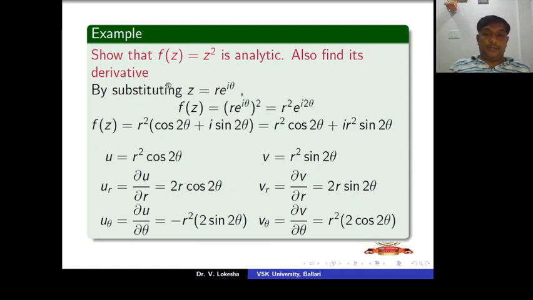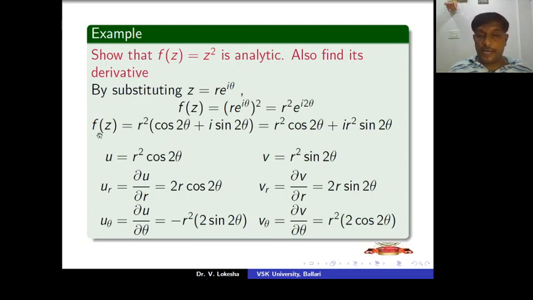Now we will show the same in polar form. By substituting z is equal to r e power i theta, then r e power i theta the whole square is r square e power 2 i theta. Then you know that e power ix is cos x plus i sin x by Euler's formula.